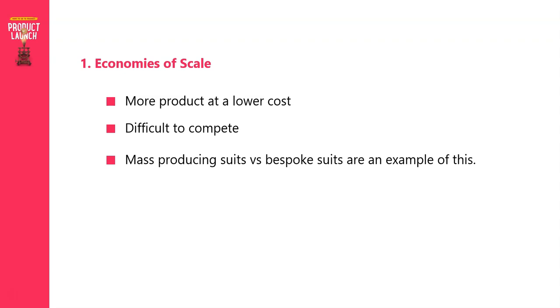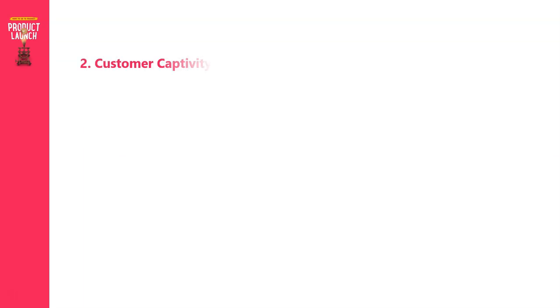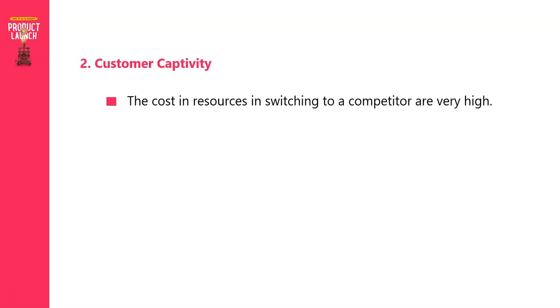Mass-producing suits versus bespoke suits are an example of this, where the mass-produced suit can offer a much better price and capture more of the market because of it, due to the fact that they're making lots of suits at once, and thus paying less to make each one. 2. Customer captivity. The cost and resources of switching to a competitor are very high, so it's hard for customers to switch.